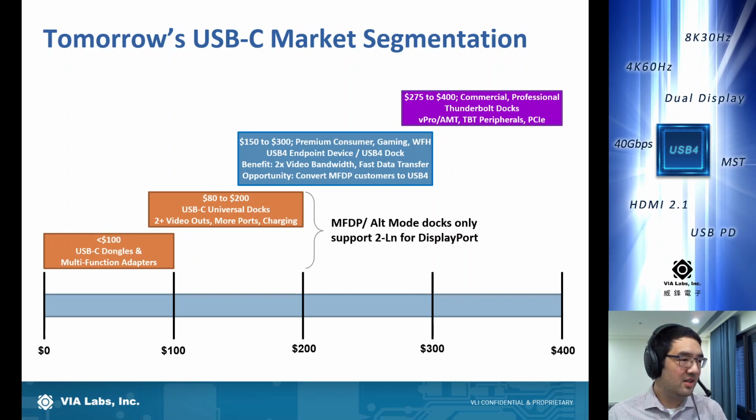So we've defined this market segment between roughly $150 to maybe $300 as a premium consumer, gaming, and maybe work from home space. So we think of these as USB 4 endpoint devices, or maybe someone will make a USB 4 based dock. And the benefit, of course, is double the video bandwidth compared to DisplayPort alternate mode, and you still get to have SuperSpeed USB data transfer speeds.